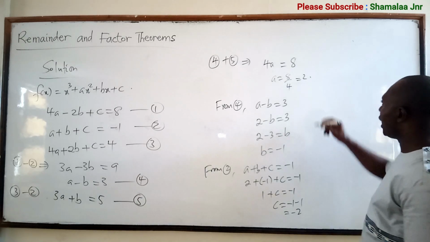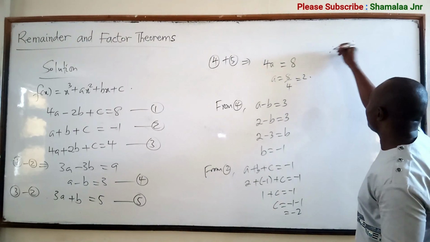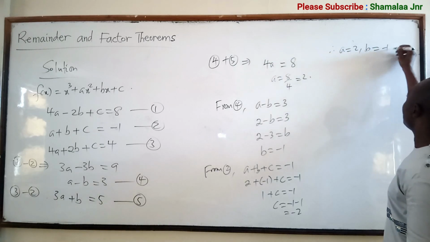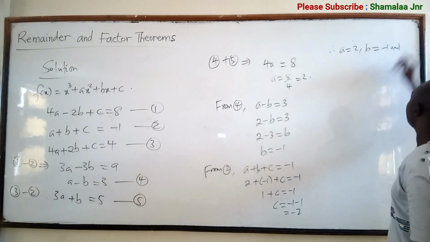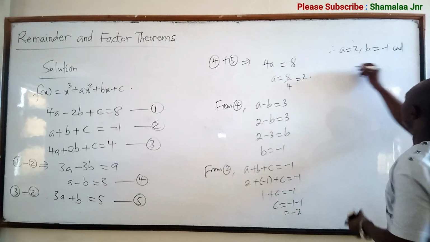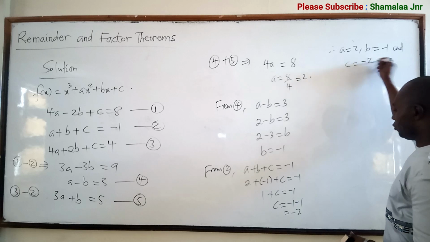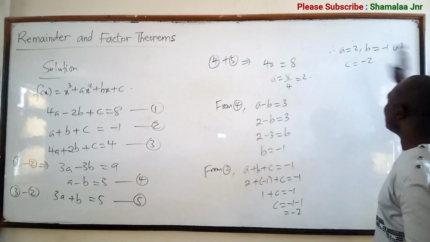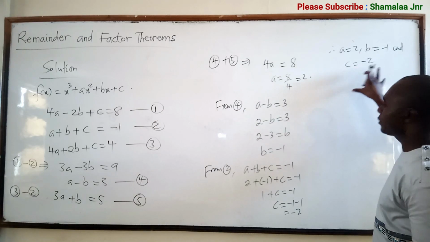Are you seeing it? So therefore, a is equal to 2, b is equal to negative 1, and c is equal to negative 2. Are you seeing it? So these are the values of a, b, and c, and these were the values they asked us to find.